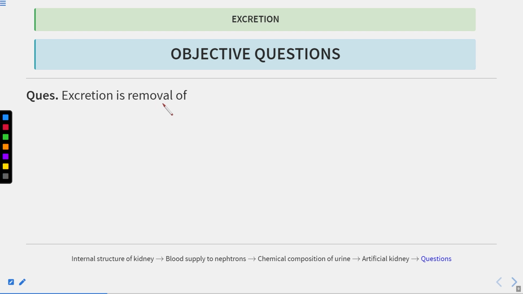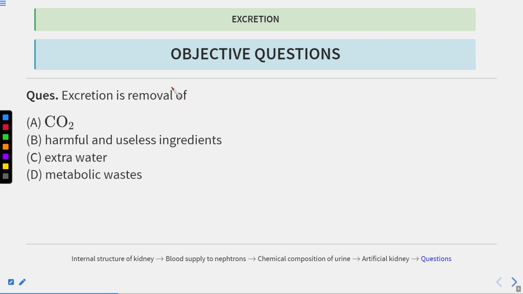Excretion. What is excretion? Excretion is the removal of, these are the options, carbon dioxide, harmful and useless ingredients, extra water, or metabolic waste. So here you can see excretion of carbon dioxide is done with the help of the lungs.